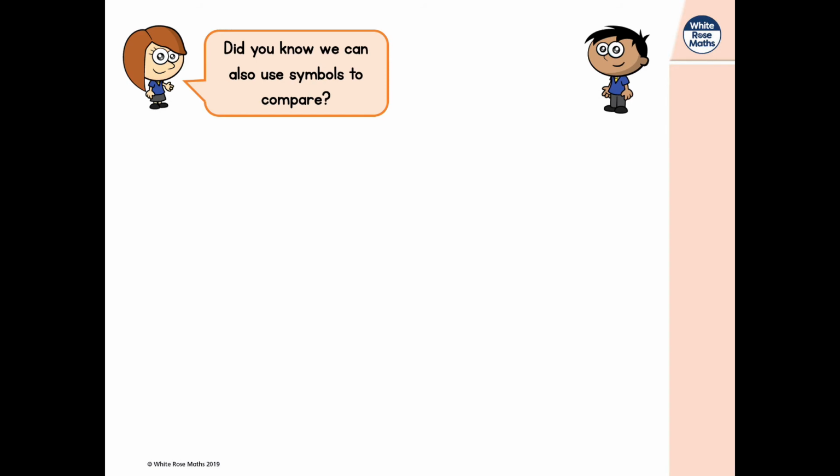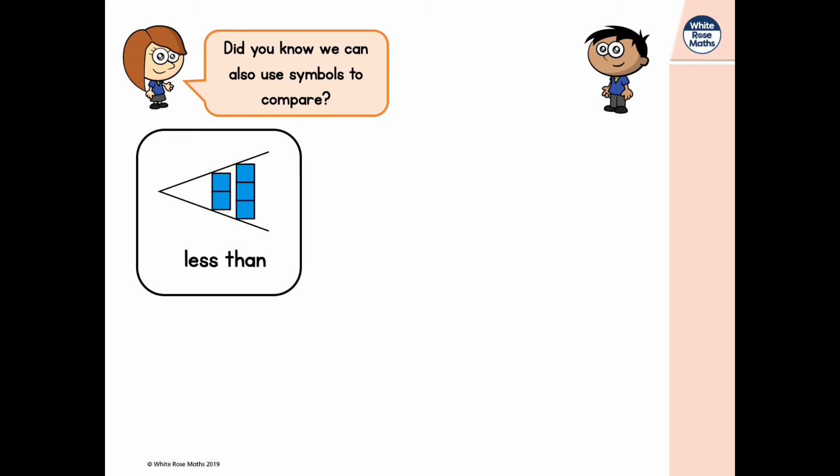Oh, hi, Rosie. Rosie says, did you know we can also use symbols to compare? Oh, I've seen those symbols before. This symbol means less than, because if we compare the blocks, 2 is less than 3.